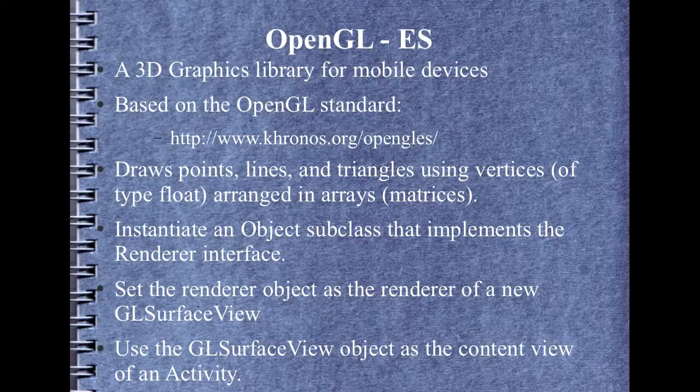We use setRenderer with that subclass, and then that GL surface view becomes the content view of an activity. So that when we fire up an Android application that uses OpenGL-ES, either the main activity or some other activity within the application has a content view set to the GL surface view that points to the renderer that renders any objects that we want to see in our scene.